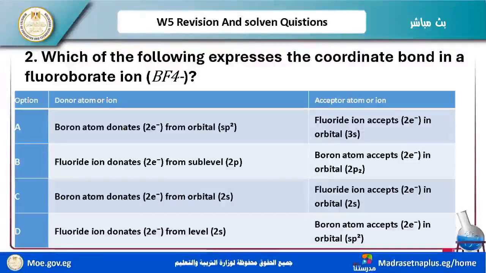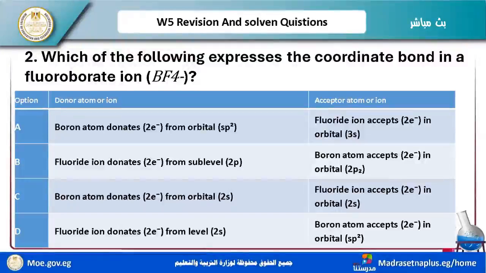Now, which of the following expresses the coordinate bond in the fluoroborate ion BF4 negative? I have made many things in this table. This is option A, B, C, and D. First option, donor atom or ion: boron atom donates 2 electrons from orbital sp2.